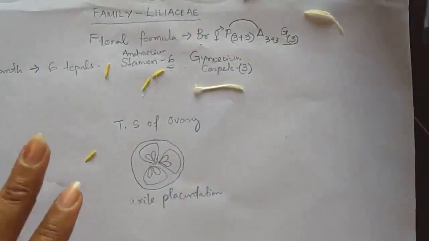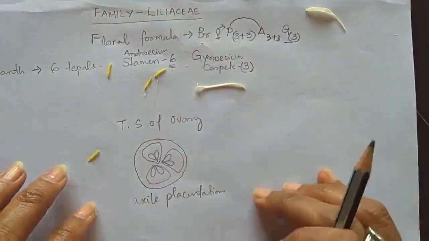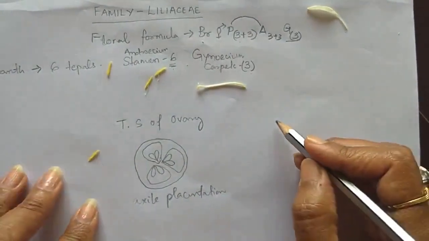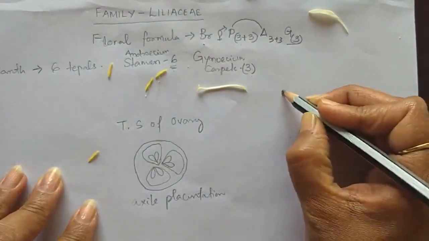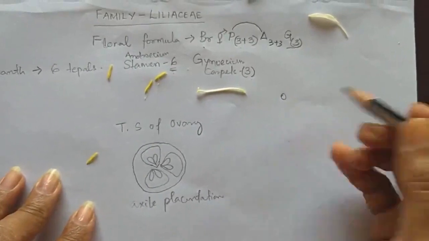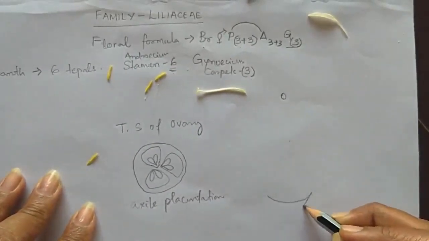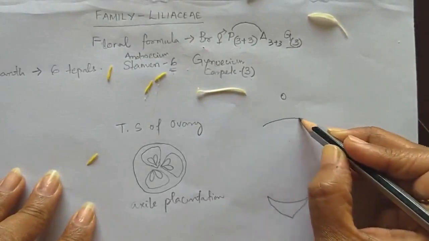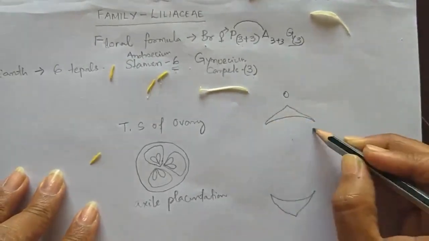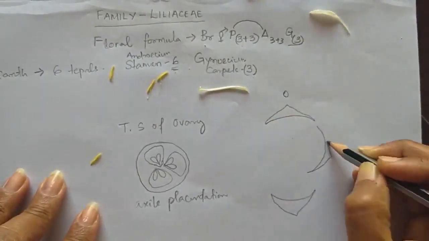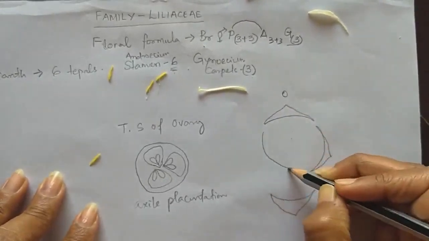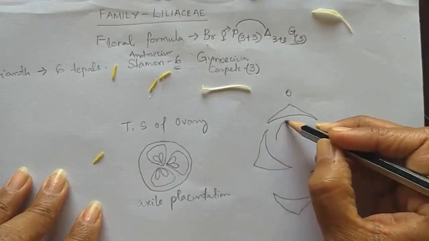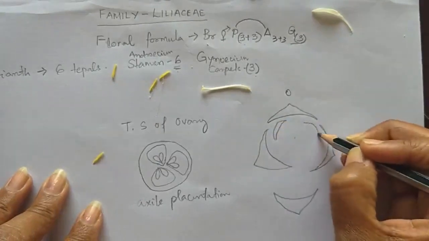Okay, now with this data we can prepare the floral diagram. First the mother axis, then the bract, as we have it; always draw from the outside to inside. So these are the 3 outer tepals, and we have 3 inner tepals.